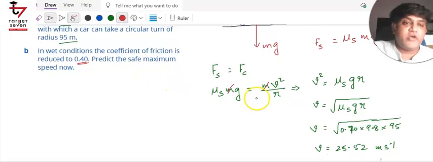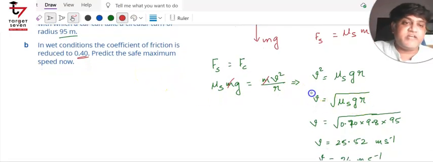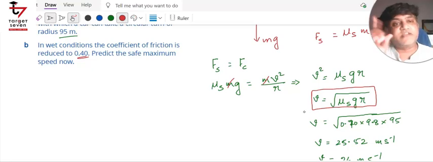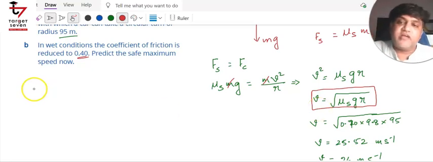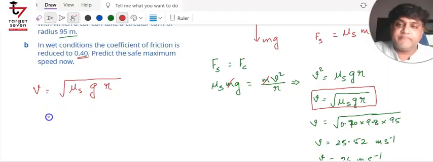Now we already have obtained a formula to determine the velocity or the speed with which a body can move along the circular path. Therefore, I can apply that formula directly. V is equal to square root of mu s into g into r.